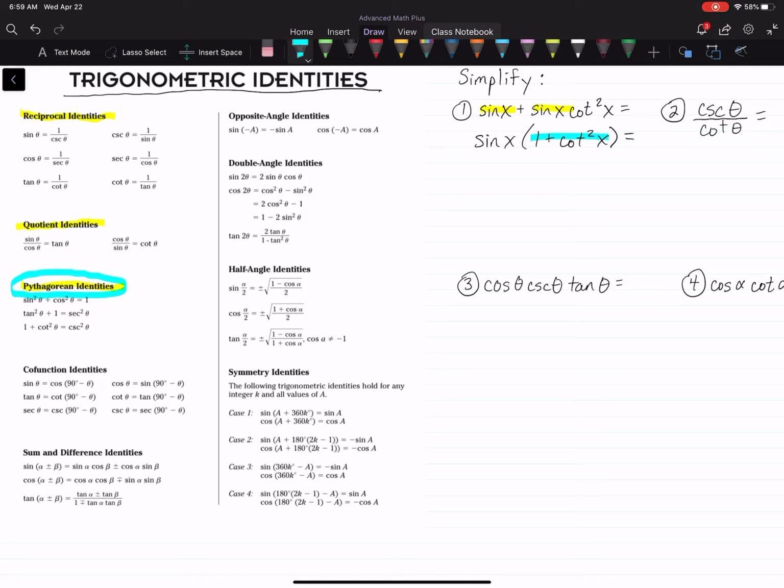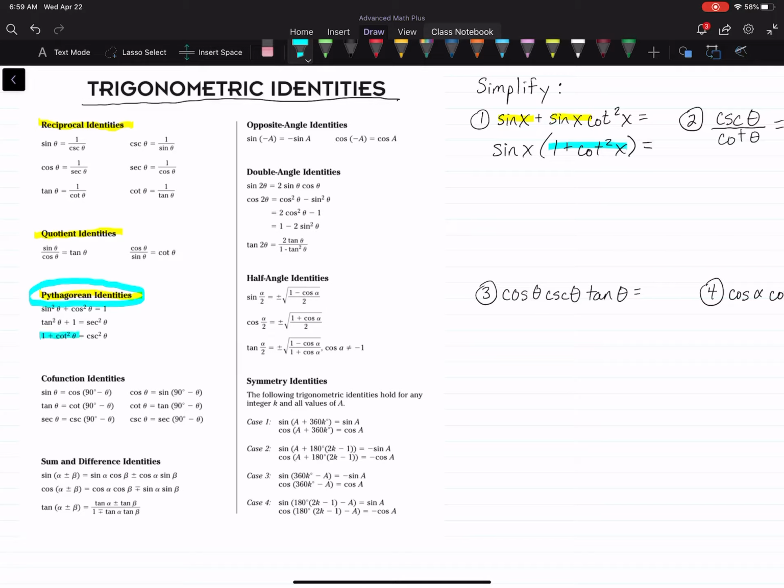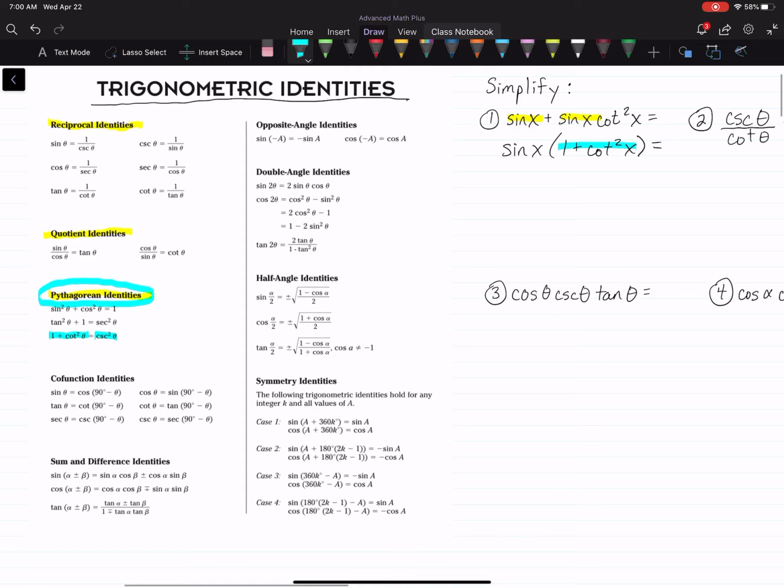You can still change everything to sine and cosine if you want, but a lot of times when it's something squared, you're going to be using one of these. And 1 plus cotangent squared is right there, and it says it's equal to cosecant squared. So I can change that to cosecant squared: sine x times cosecant squared x.